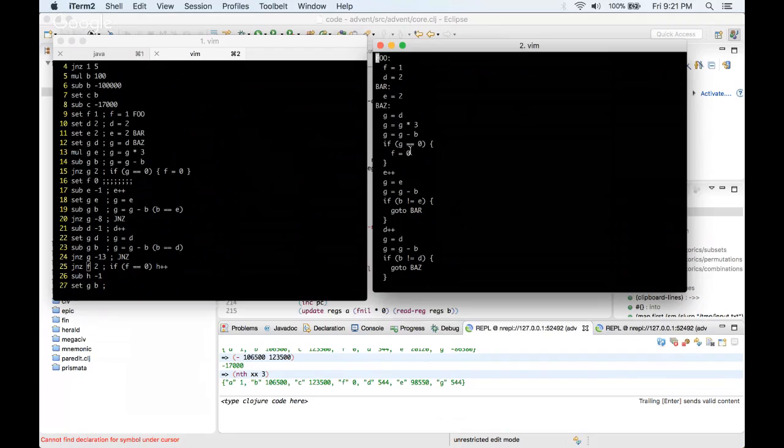So let's see. What is the mechanism by which B, C, D, and E change their values? So E is incremented here. B is incremented here.